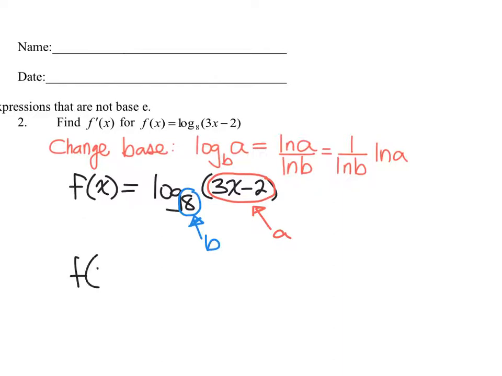So we could rewrite f of x as 1 over ln of 8 times ln of 3x minus 2.